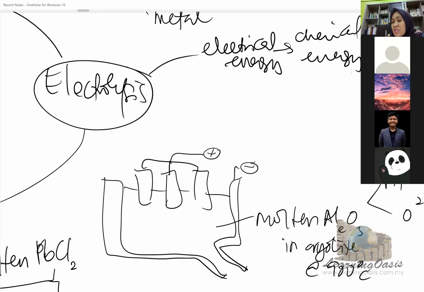So if I ask what is electrolysis, you add on from what Nina said just now. Breaking of ionic compound into elements. Or is it separating? Separating, sorry. The separation method. Separating ionic compound into elements.